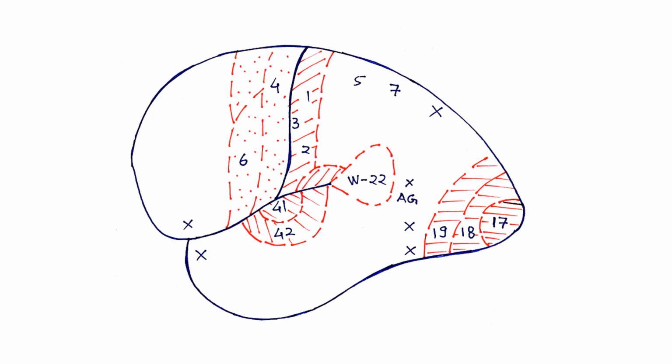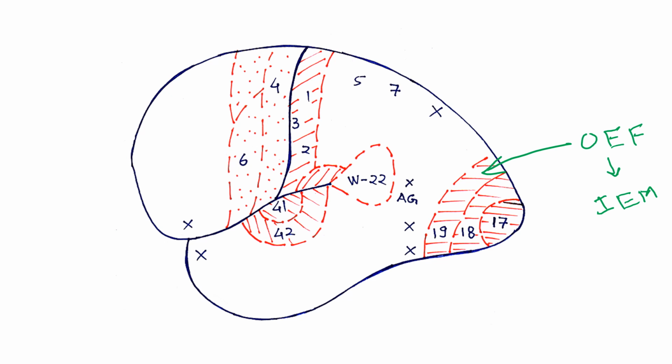Now let us see last three functions of occipital lobe. We are also having this area 19 in front of secondary visual cortex. This is occipital eye field, and this is for regulation of involuntary eye movement.